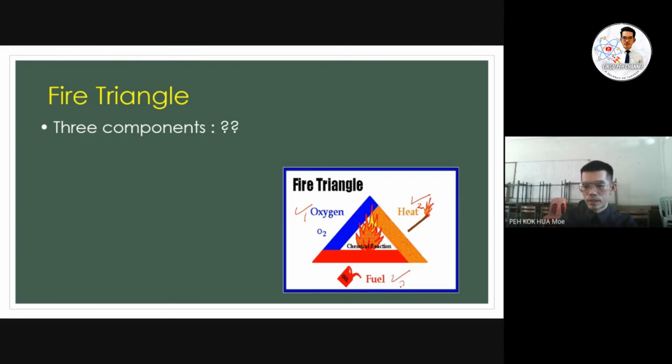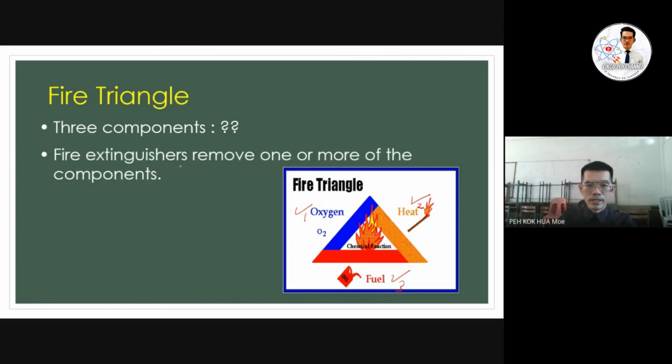Third will be fuel. So to avoid combustion, or if you want to fight the fire, one of the elements must be eliminated. For example, if you eliminate the oxygen, that means the fire will be put off. So a fire extinguisher removes one or more of the components. As mentioned just now, you have to remove one of the components if you want to put off the fire.